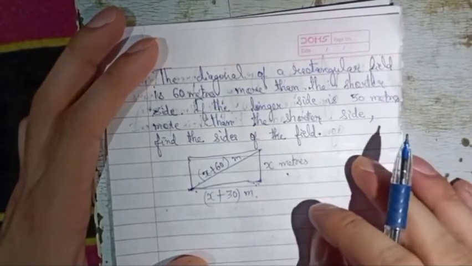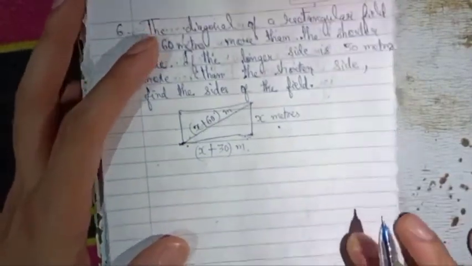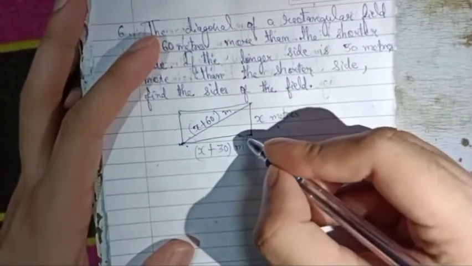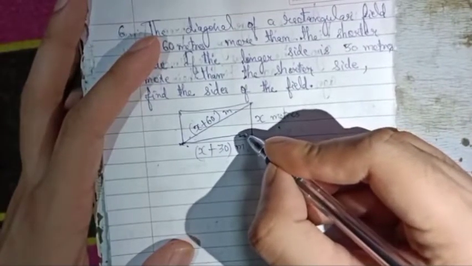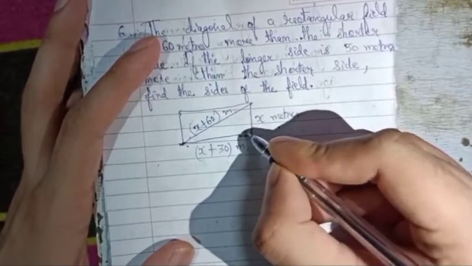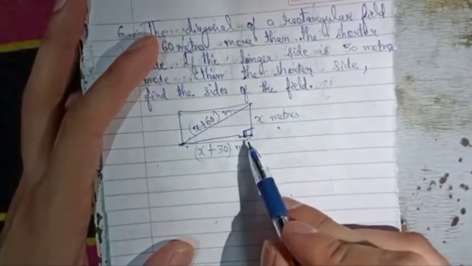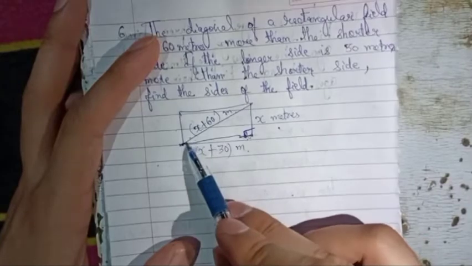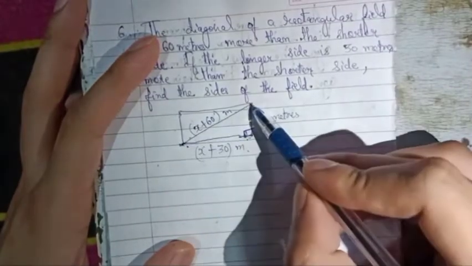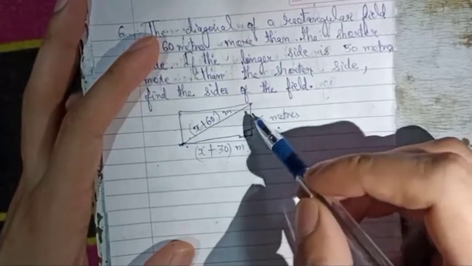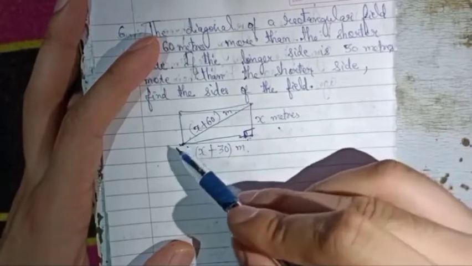Now we have to find the sides of the field. We already know that a rectangle has all angles 90 degrees. So if all the angles are 90 degrees, that means we are dealing with a right angle triangle.